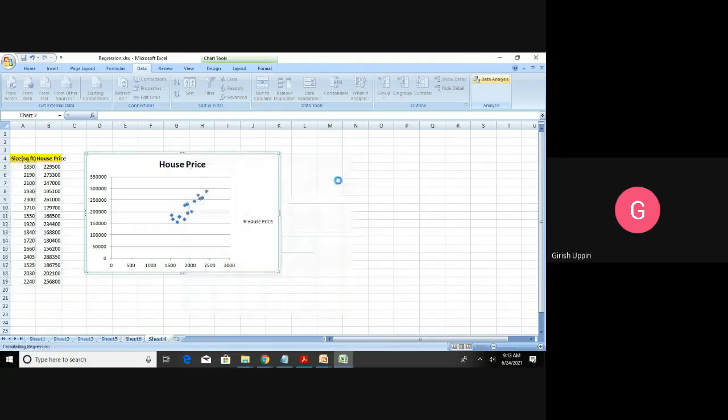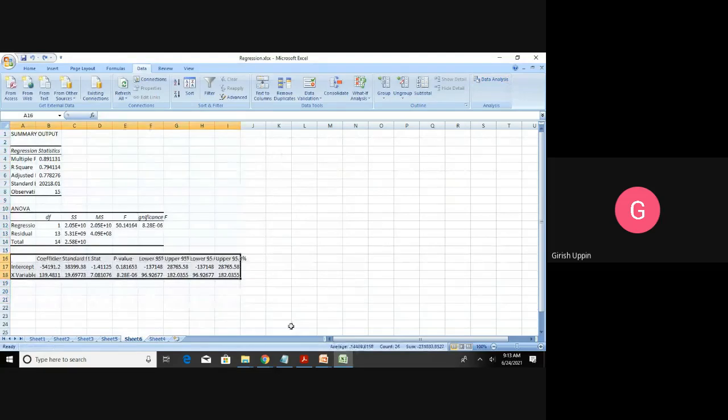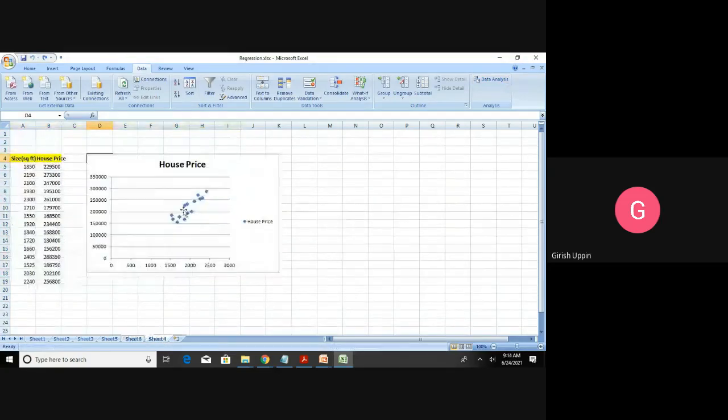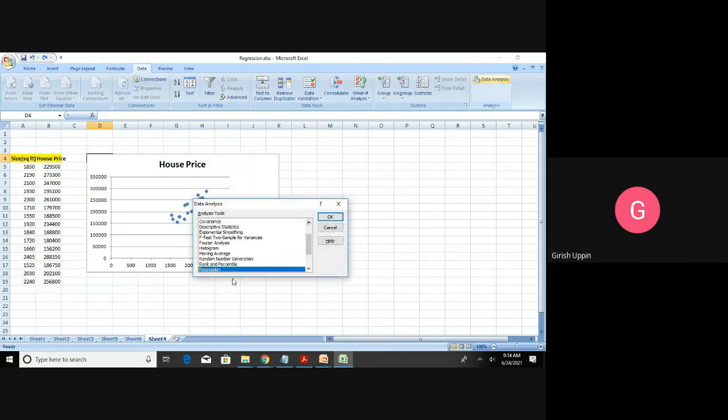You can see here it has created a new sheet. It went on to another sheet. So what I will do is once again go to the data analysis. We forgot to specify where the regression output should be shown.